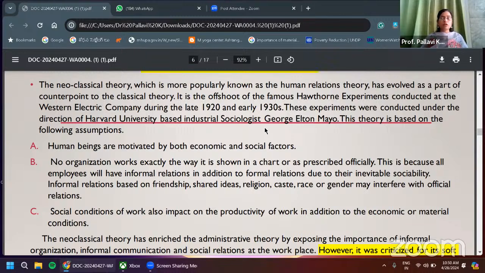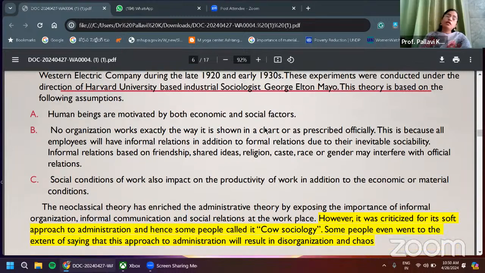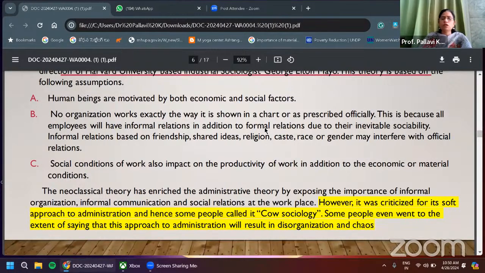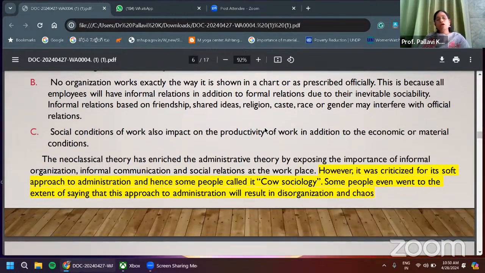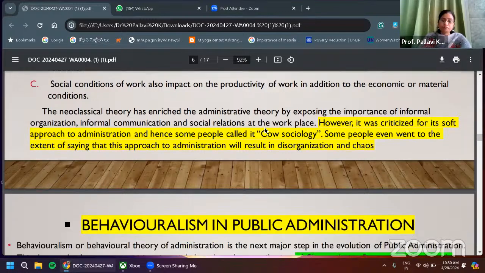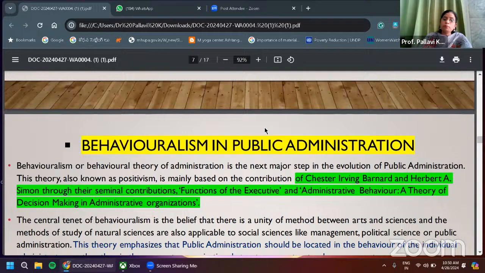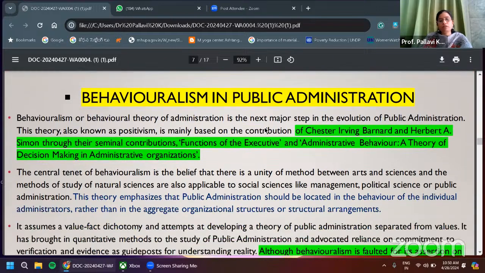So when the social scientists and thinkers felt that human beings work only for money, it was ruled out in the human relations theory. They came to the conclusion that people work not only for economic reasons, but also for social reasons.